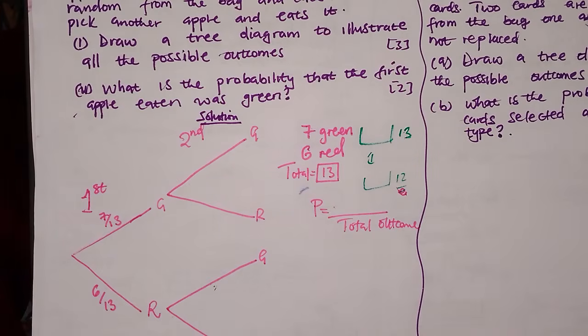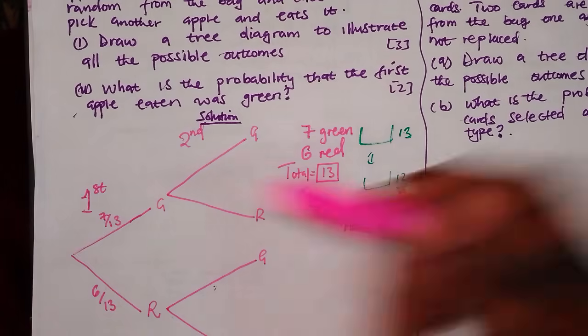So how many green apples do we have? If in the first, let's say she picked green, how many green apples will remain in the second pick?